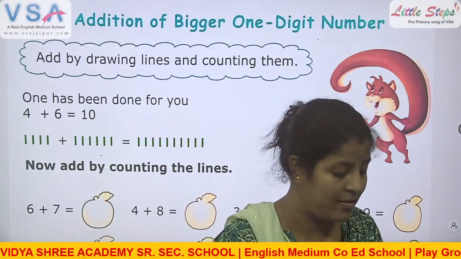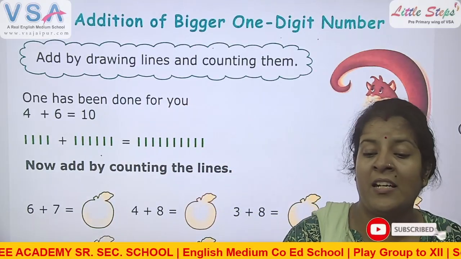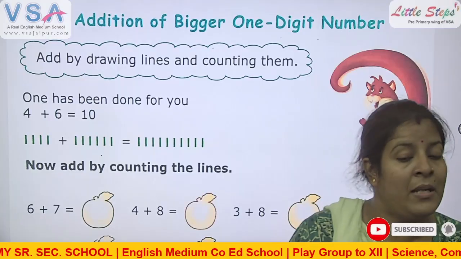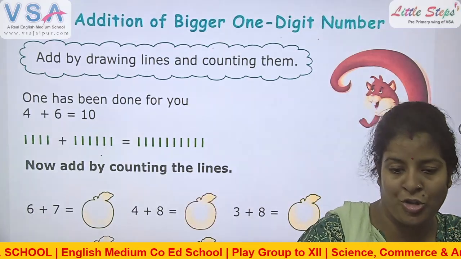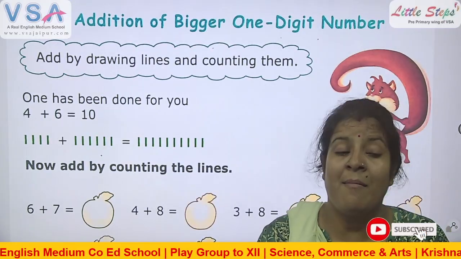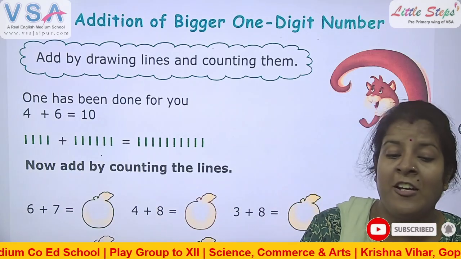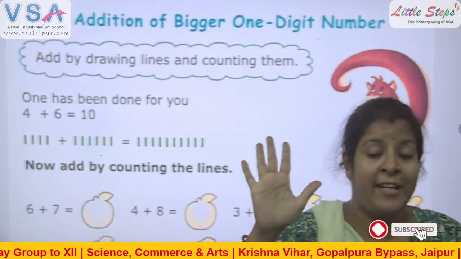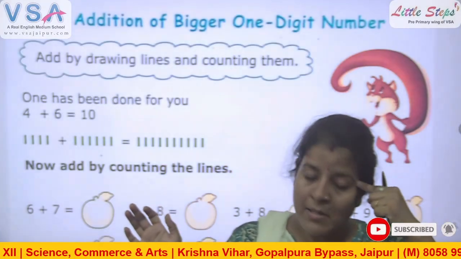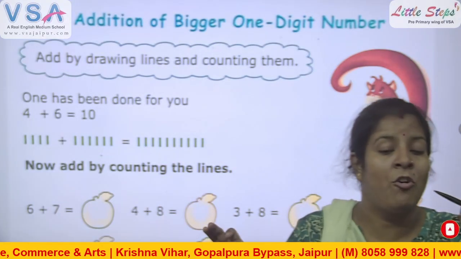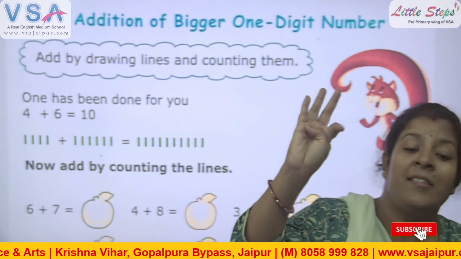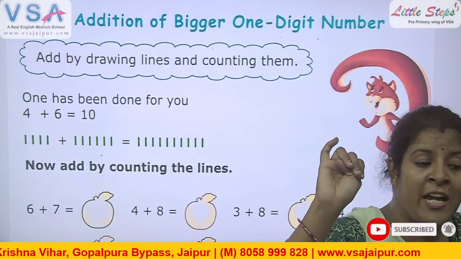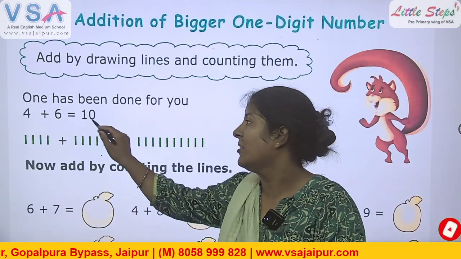We don't draw lines, we will do it with the mind method. Keep 4 in mind, next number 6, count the fingers: 1, 2, 3, 4, 5, 6. Count after 4: 5, 6, 7, 8, 9, 10. The answer is 10.